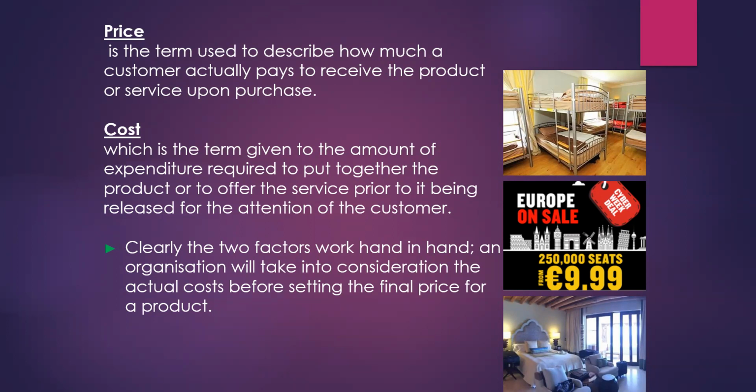So before they say how much this product will be, I have to first calculate the cost that I've spent to make this product, because I need profit. Let's say the cost was £500 to make the product.